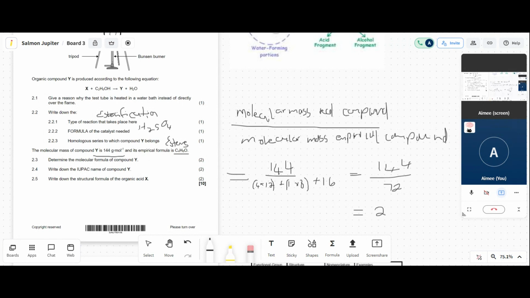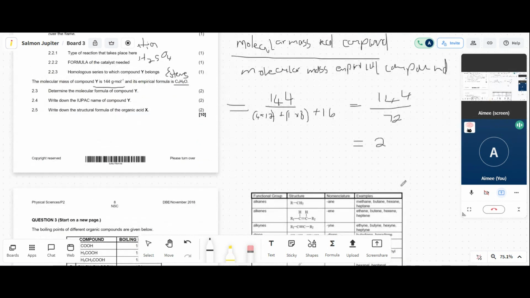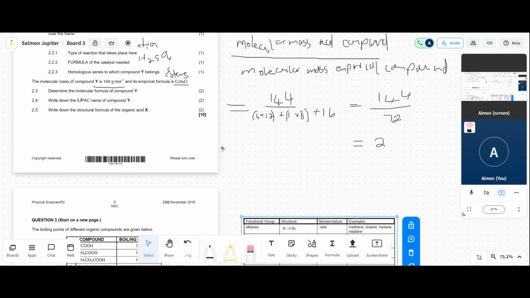Now, to get our molecular formula, we multiply each of the ratio numbers in the empirical formula by the ratio number we've just calculated. So you take C4H8O, which is our empirical formula, and multiply all of your ratio numbers by 2.